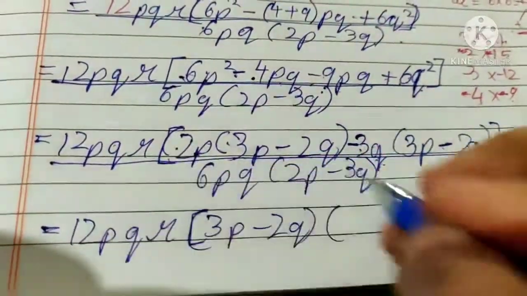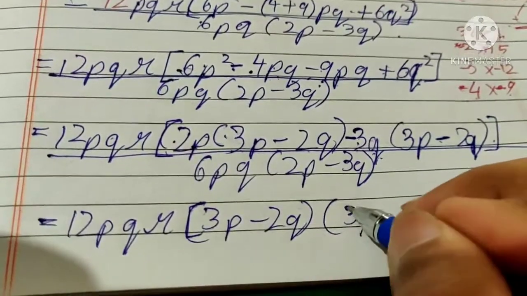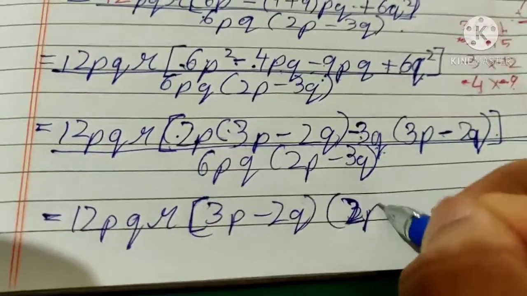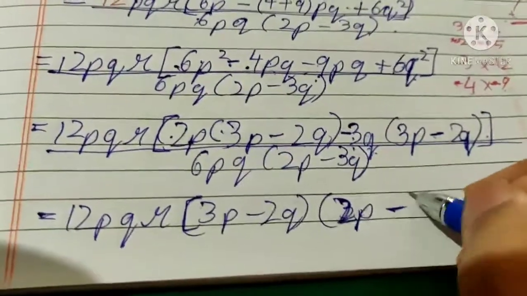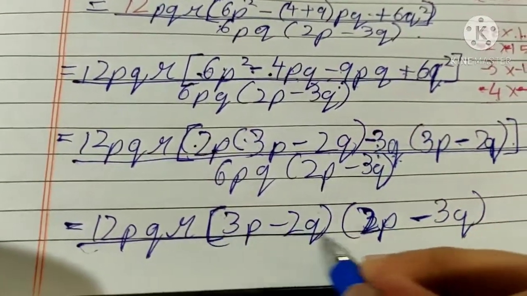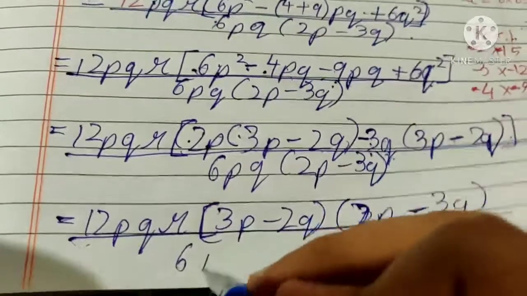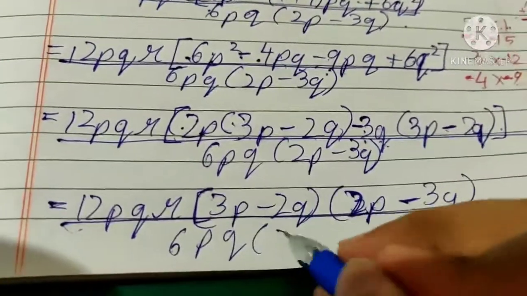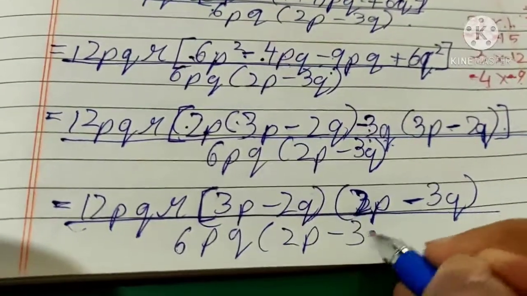We are left here with 2p and a minus 3q in the second term. In denominator it is 6pq, 2p minus 3q.